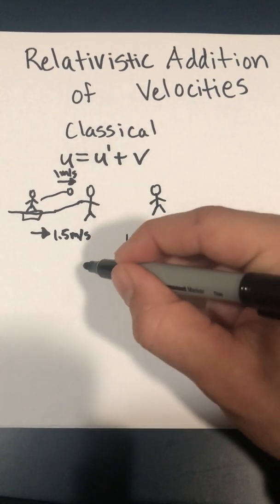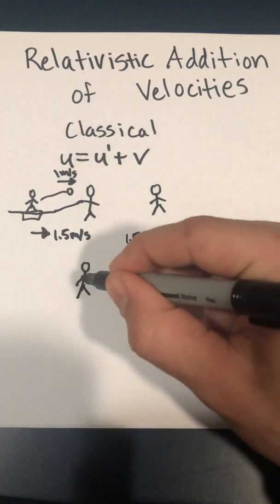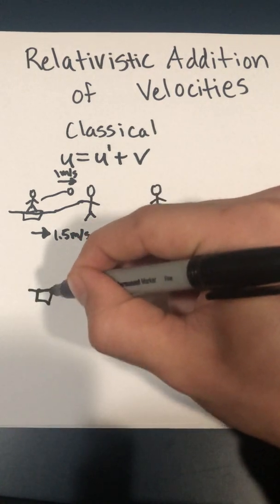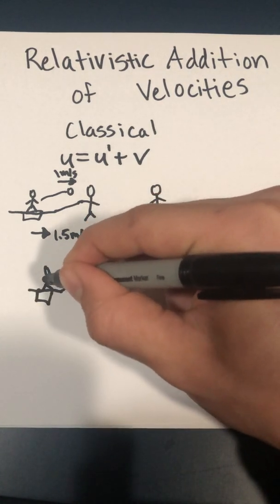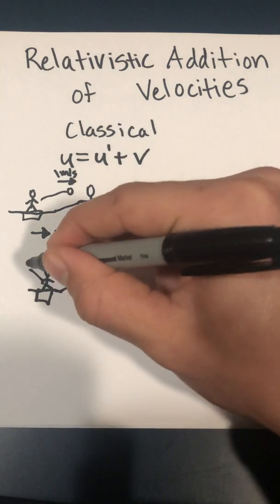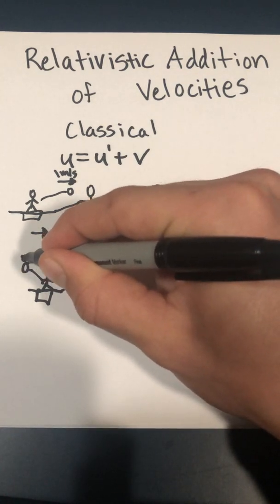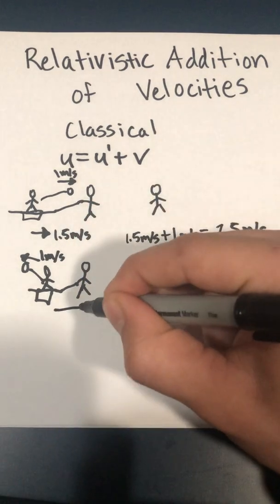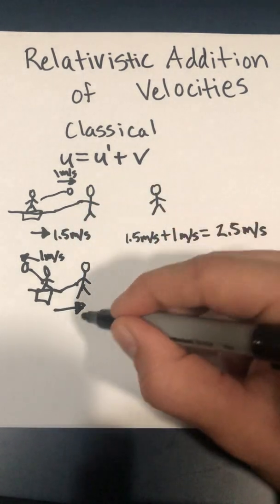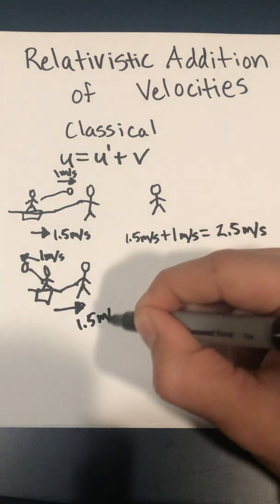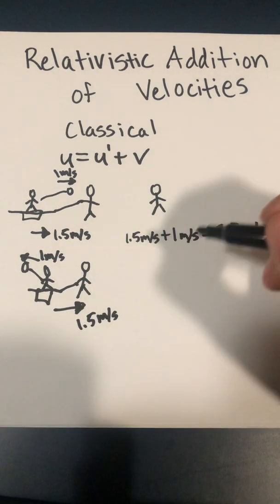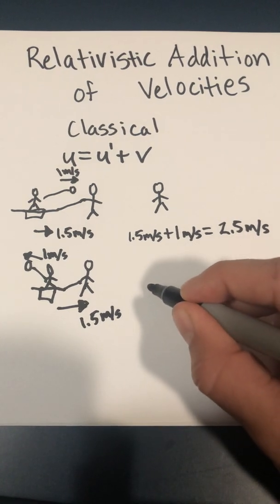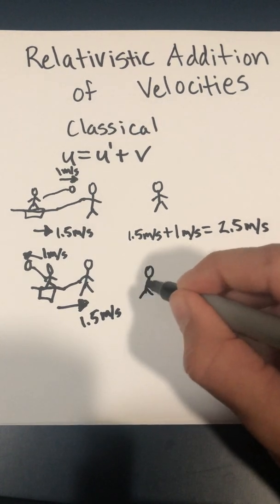Because say we have the same dad pulling the sled with his kid on it, and the kid were to throw the snowball backwards at 1 meter per second, while the dad was still going forward at 1.5 meters per second with the sled, then we would calculate it like this with the observer right here.